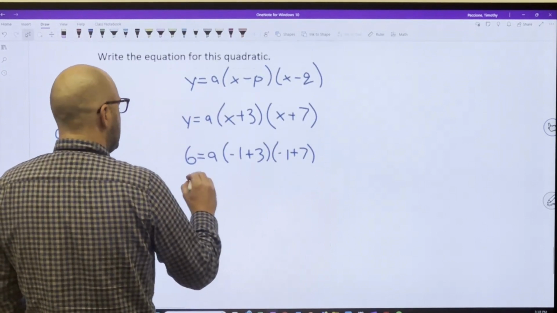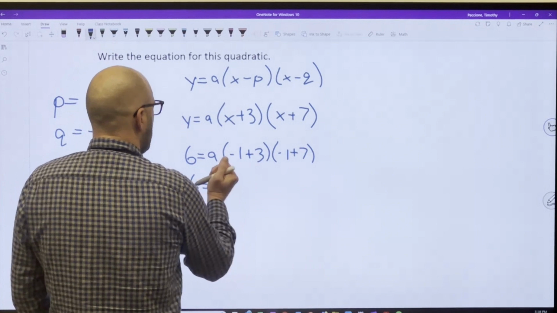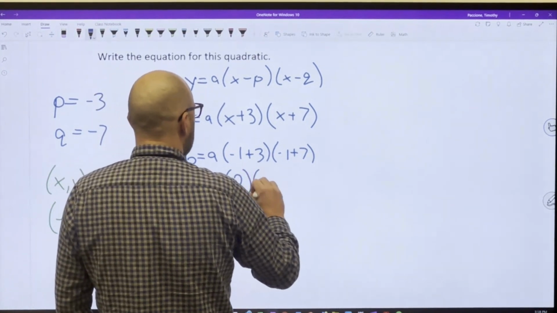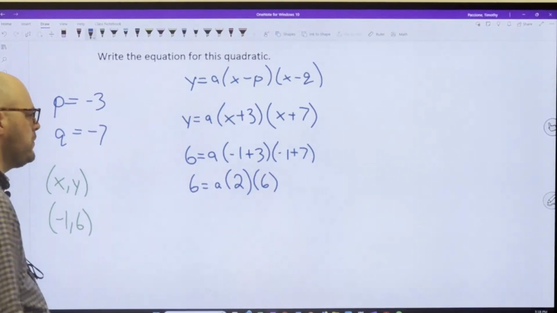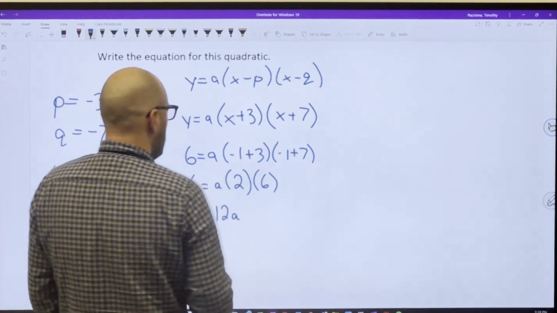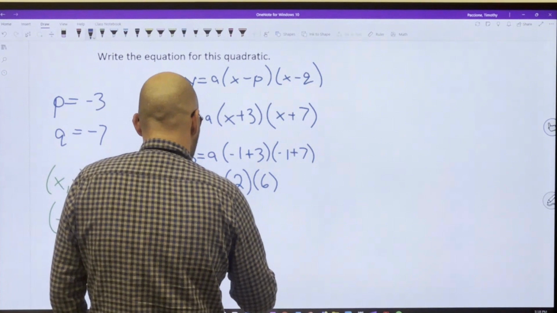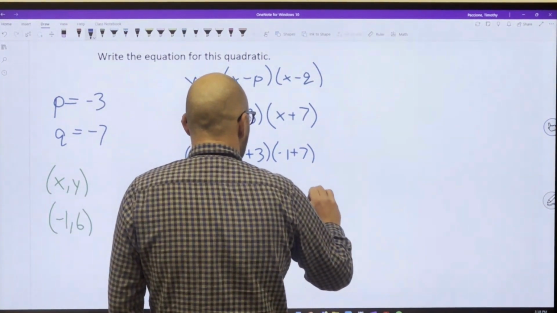Okay, so I get 6 equals a times 2 times 6, right? What's 2 times 6? 12. So I get 6 equals 12a, and then I divide by 12 on both sides. What do I get for a then? 1/2.